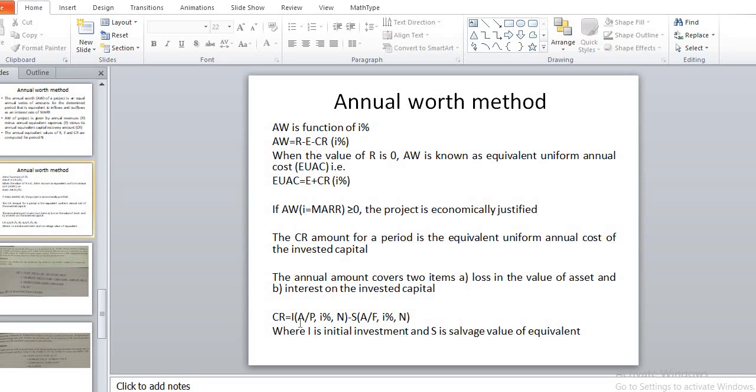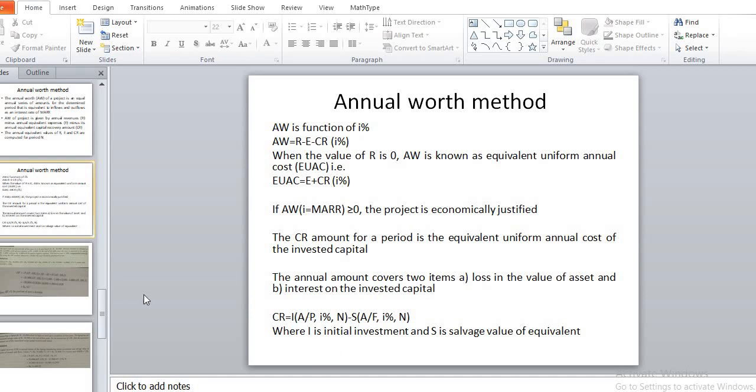CR here, the capital recovery, is considered against the initial investment. A by P represents capital recovery for a particular period of time N, and A by F represents the sinking fund.